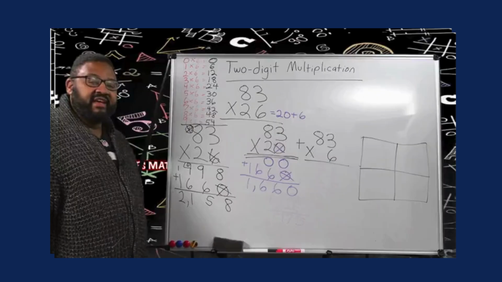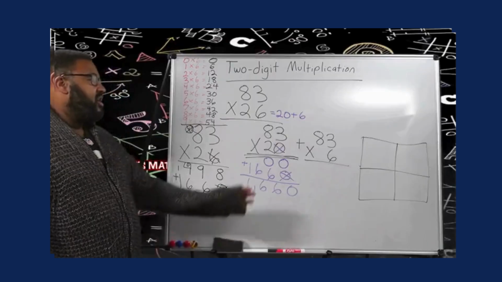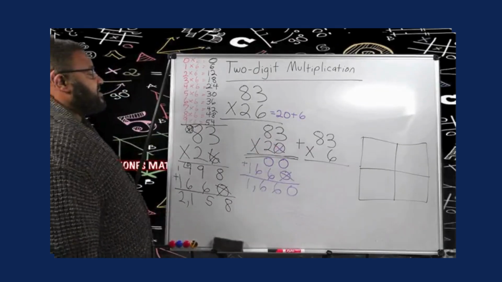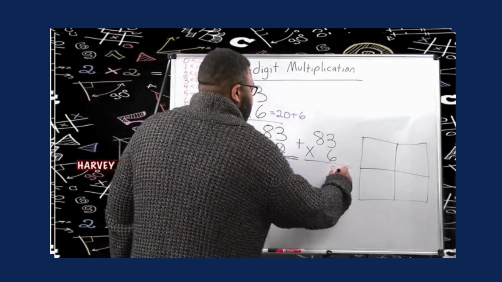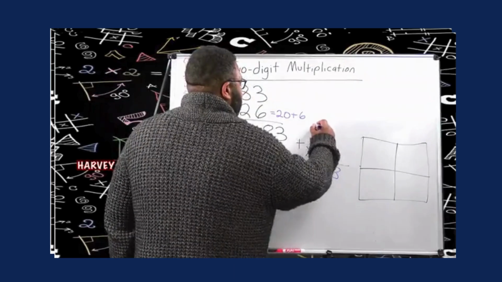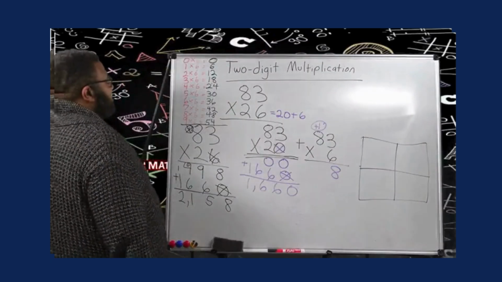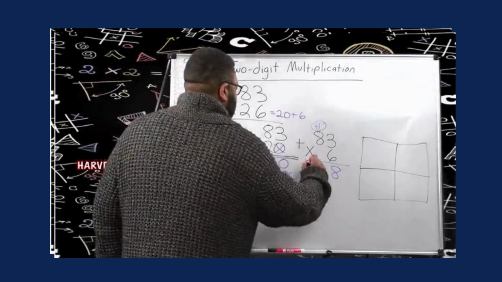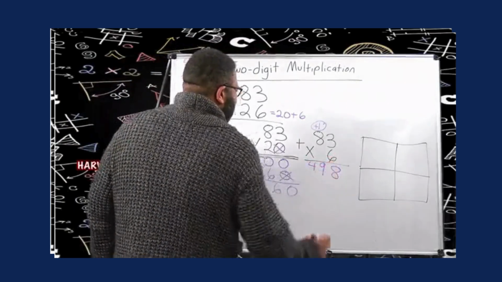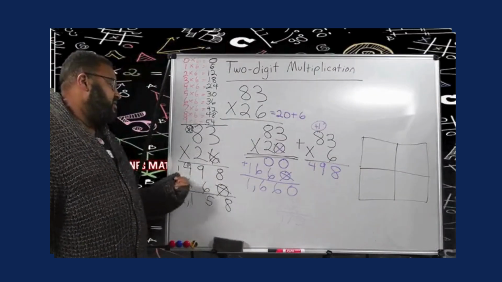Still not done yet. What I'm going to do right now is I'm going to come over here, and I'm going to do the same thing right here. 6 times 3 is 18. Carry my 1. That's 6 times 8, 48. We just did that. 49. Mr. Jones, sound like you're repeating yourself. I am. Doing the same thing right here.